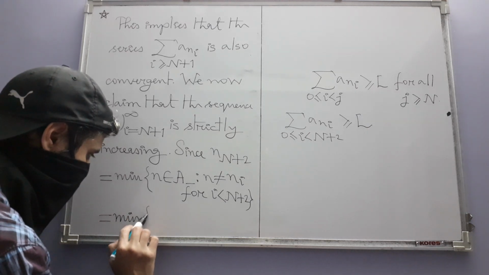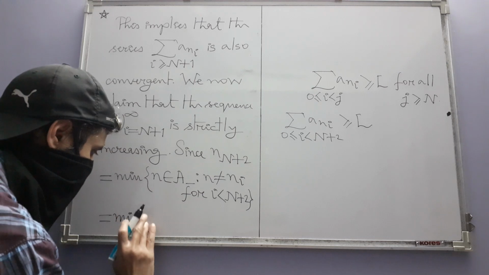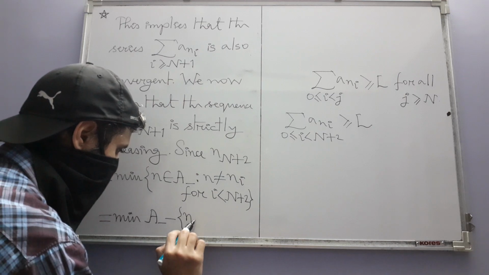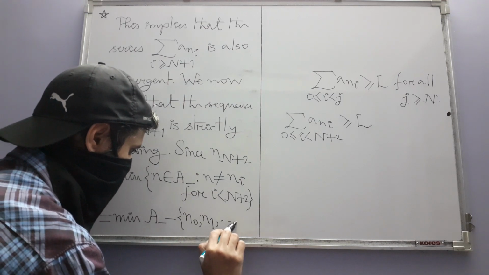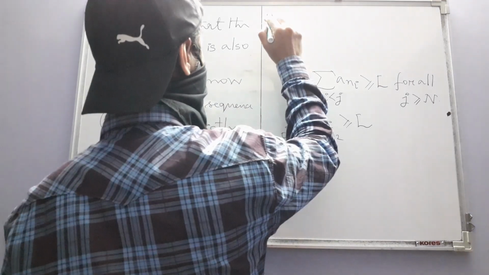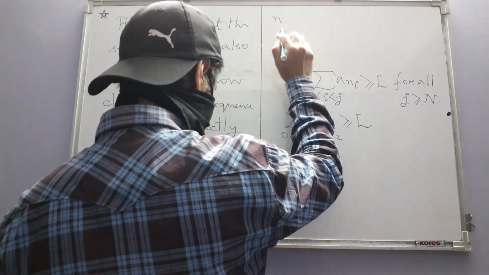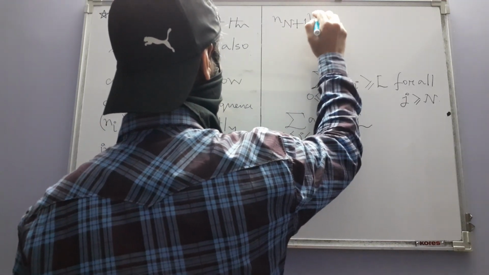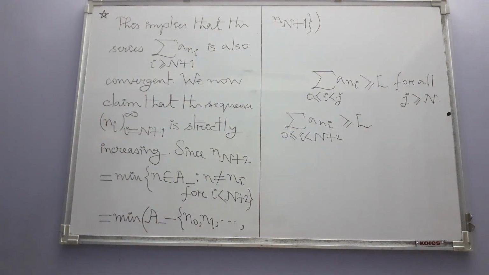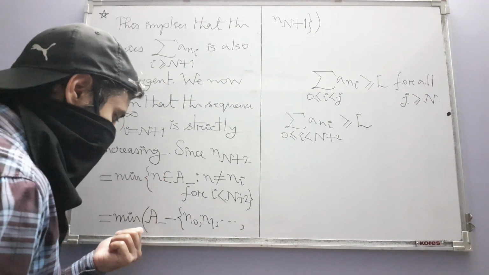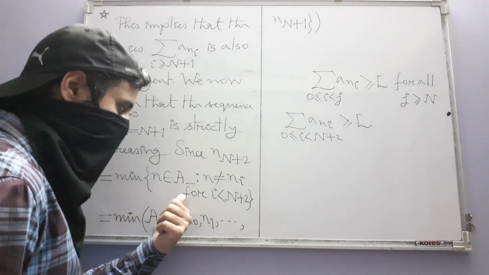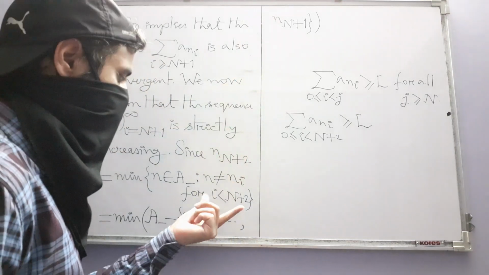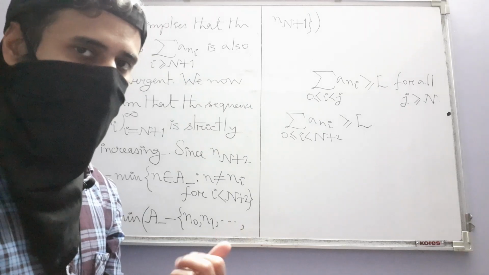It's the minimum of A minus the set n naught, n1, up to n plus 1. Because it's the minimum of those elements in A minus that are not equal to any of these, that you can see from here, the same thing.